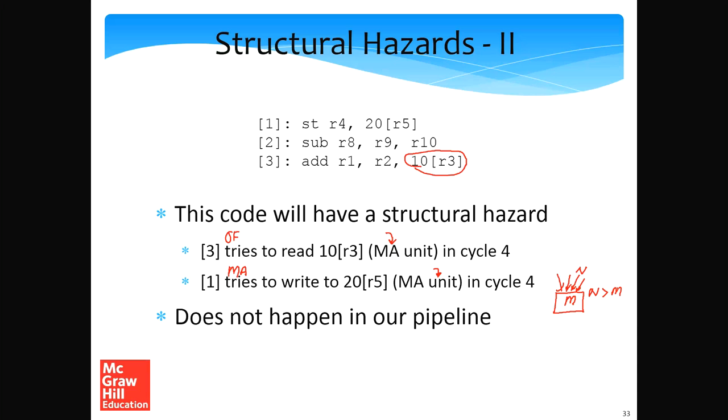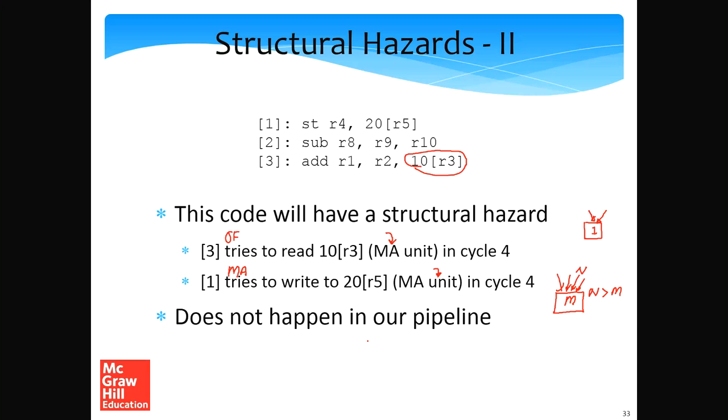In this case, the memory access unit can satisfy only one request at a time, but if two requests come, then one of them has to wait, and this is called a structural hazard. This will not happen in our pipeline, the reason being that we have designed it in such a way that we never have resource conflicts across stages. But it can happen in many other kinds of pipelines, so it's a good concept to keep in mind.